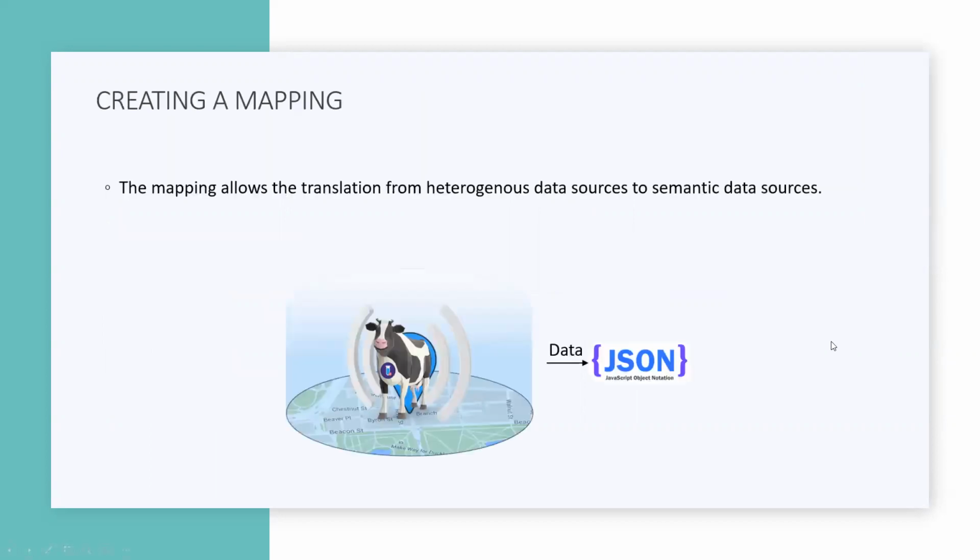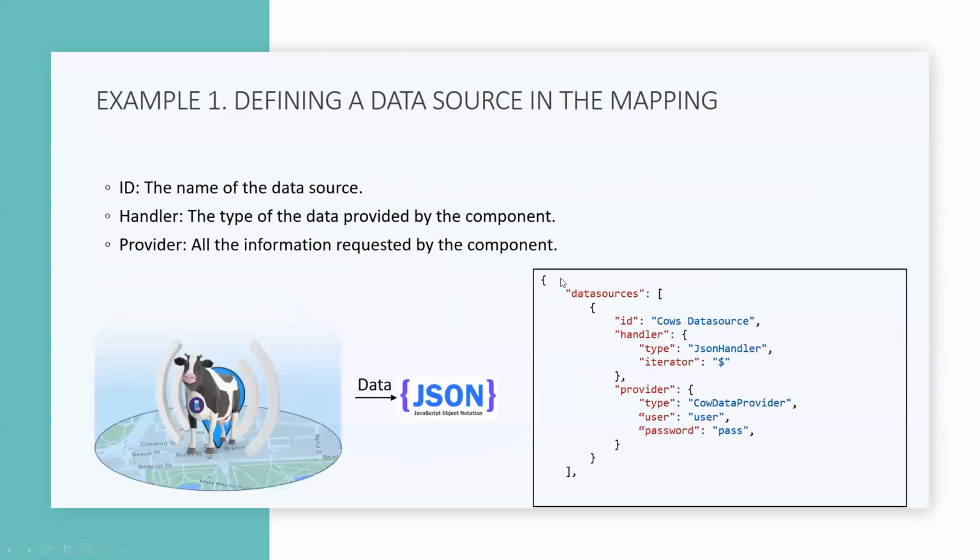So, how can we create a mapping? Okay, imagine that we have a cow with a device that provides data in JSON. The first thing is defining the data source in the mapping. We need the ID, for example, cow data source.